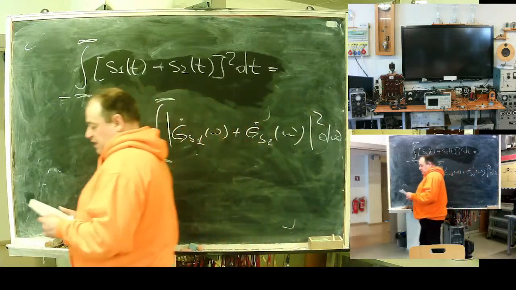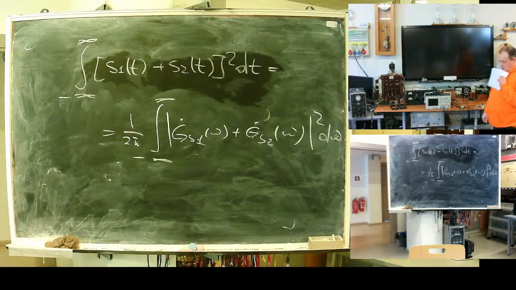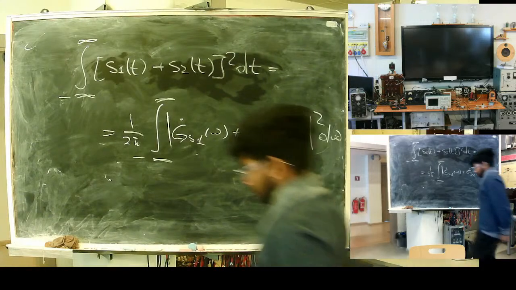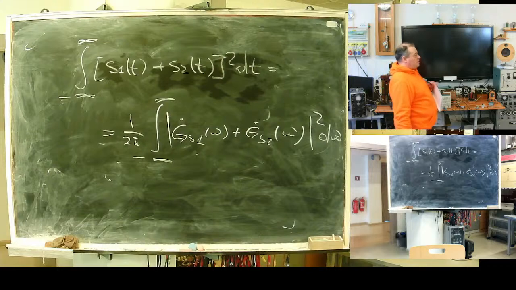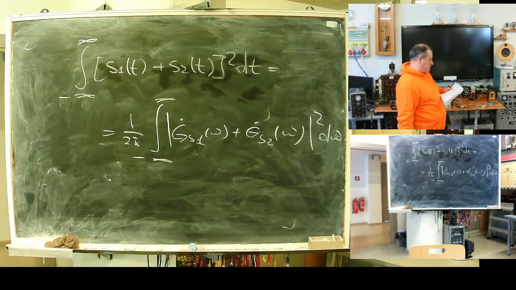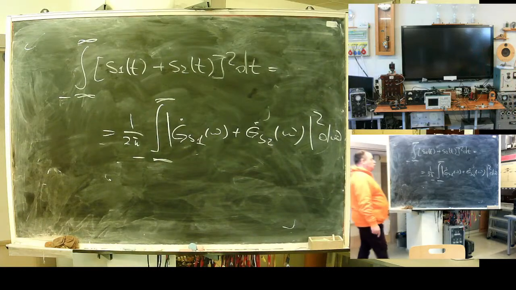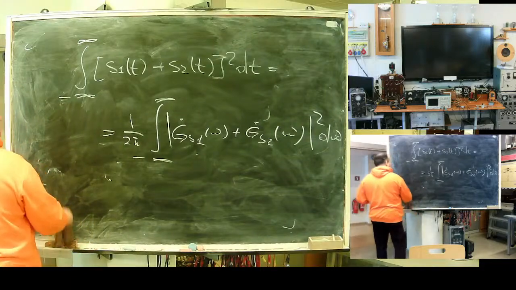I can expect that the Parseval theorem will work in a linear way because the Fourier transform is linear. Now, what can I do with this one? Square of modulus.